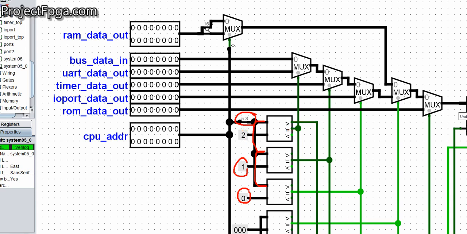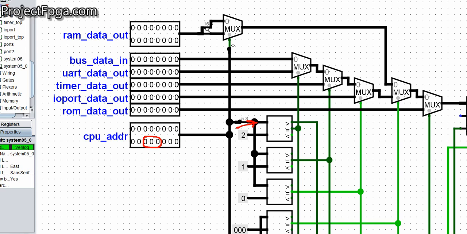So the CPU address bus is 16 bits, but each bit is used for a different function. Just as we've seen here, this is bit 0, 1, 2, 3, 4, 5. This bit 5 to 3. So this is the particular bit range that is being checked here.